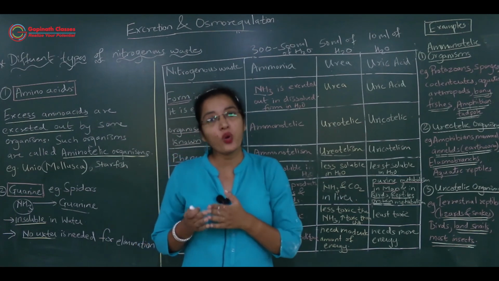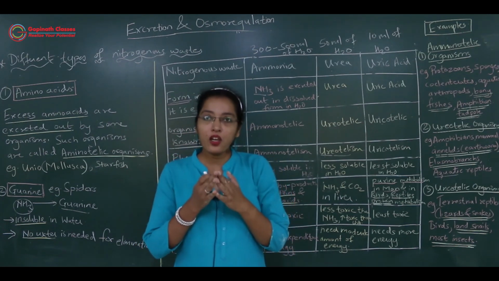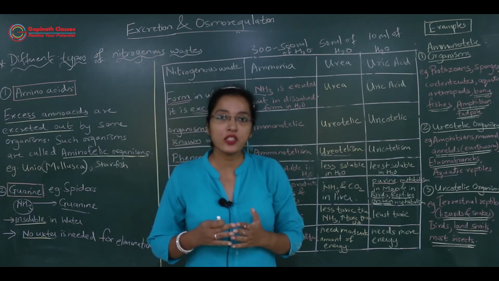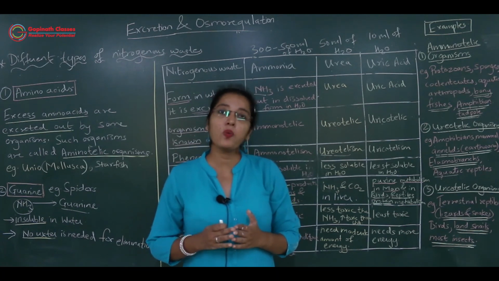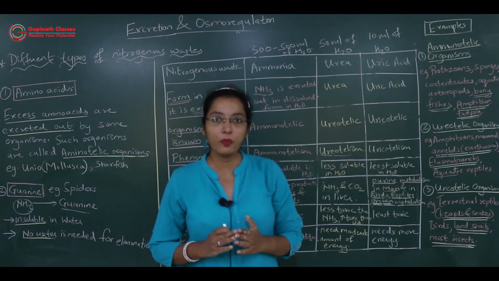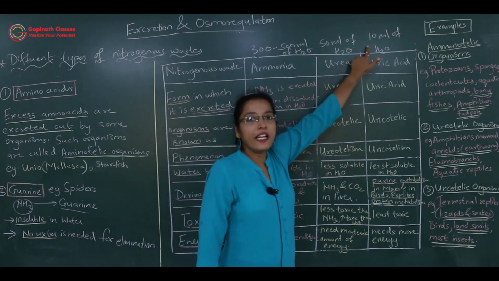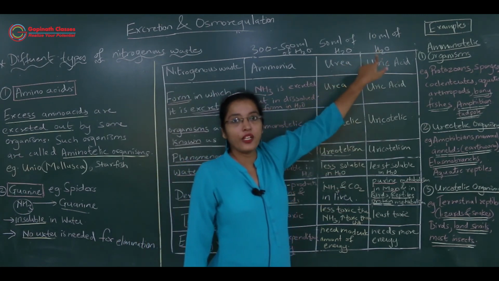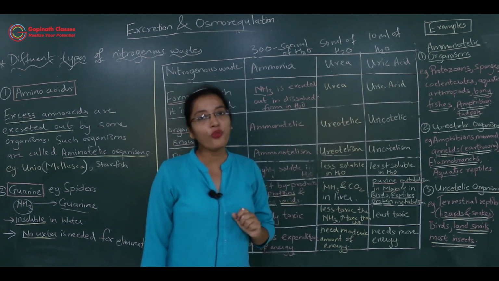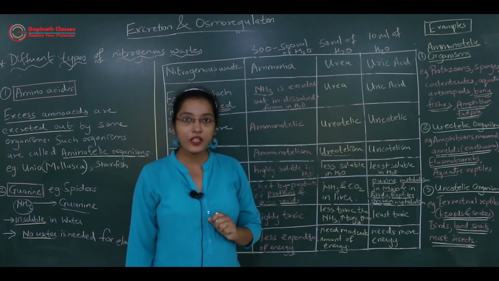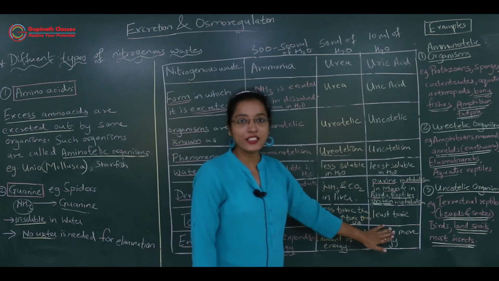So to conserve water, they try to eliminate nitrogenous waste in such a way that a smaller quantity of water is needed. Only 10 ml of water is needed for elimination of 1 gram of uric acid. Got it? So uric acid is least toxic.